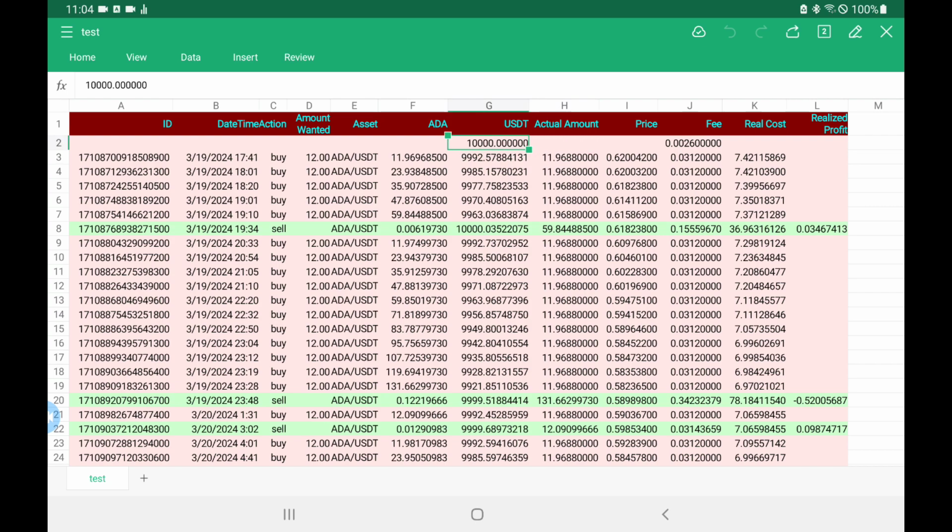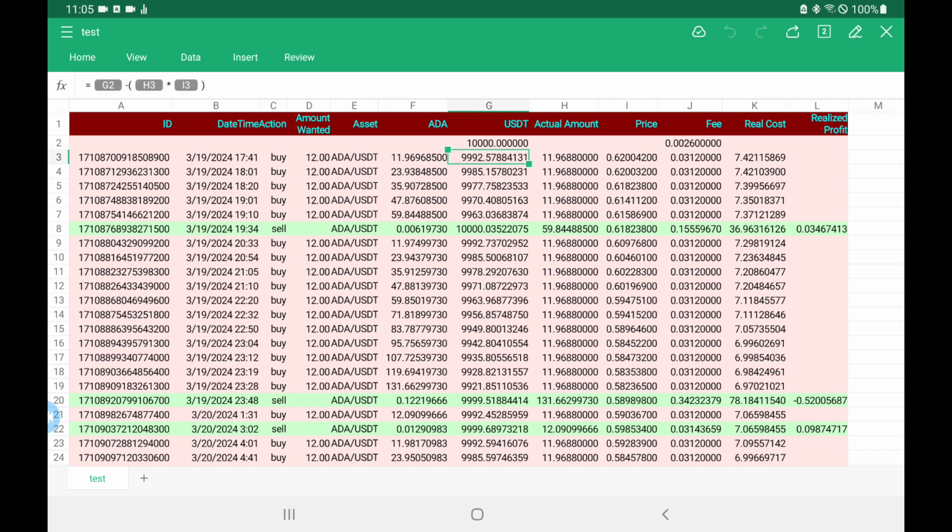Now, for the purposes of this simulation, we're going to start with a balance of 10,000 USDT. And the USDT is going to be the product of the actual amount of ADA multiplied by the current price, or the real cost of $7 and roughly 42 cents. That value here, the real cost, is what is subtracted from your USDT.